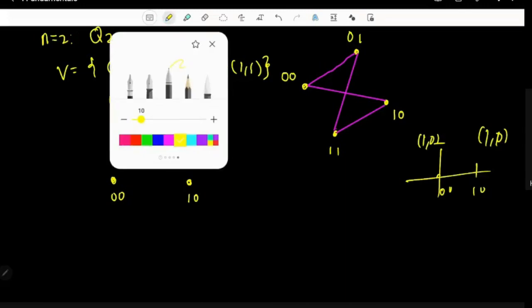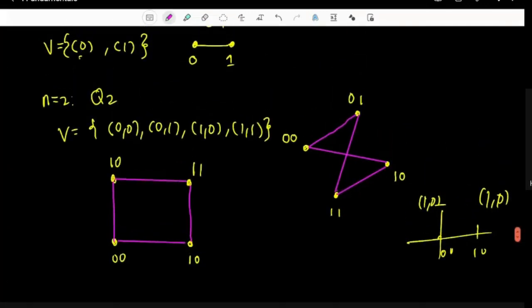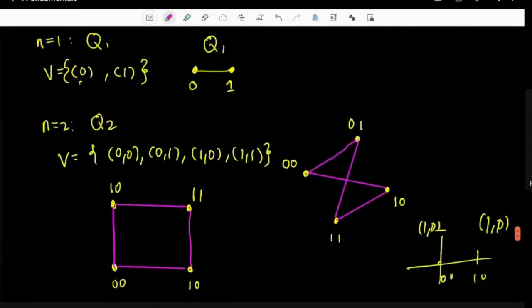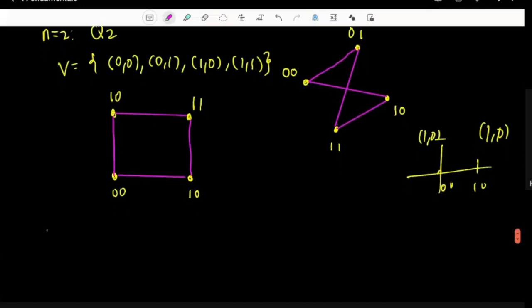There's a connection between this, and between these two. So that's a square, right? So that's a Q2 or a 2-cube. In general, that's called a 2-cube. Okay, but in geometry, we call that a square. Yan. It's starting to get interesting, right?